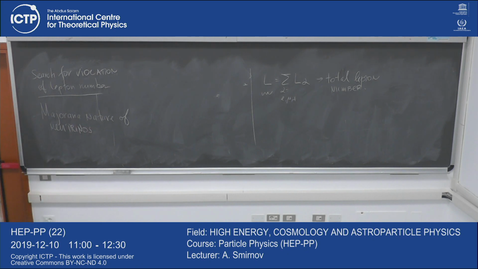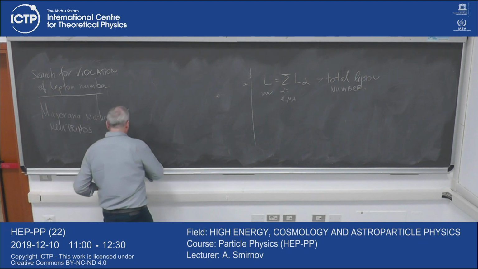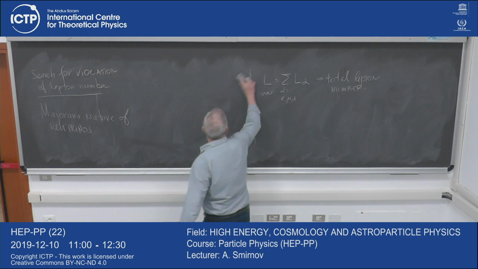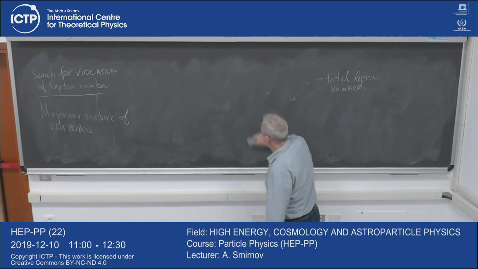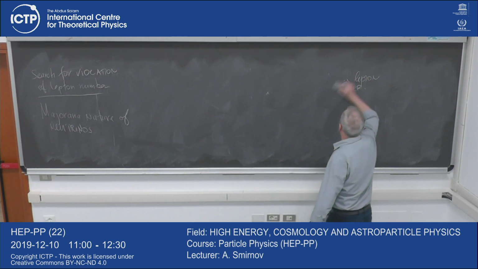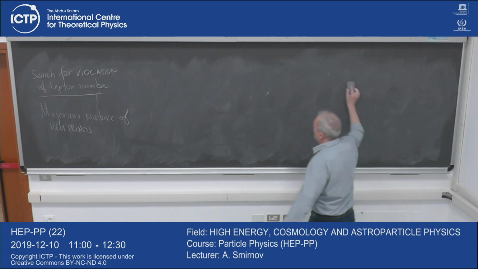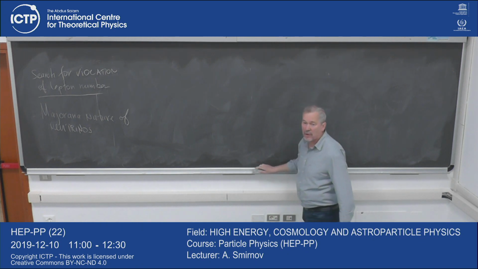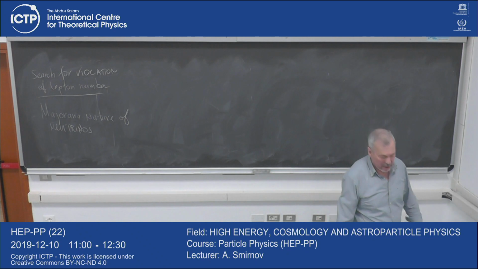So if you prove that neutrinos are so-called Majorana particles, then this means that the total lepton number is violated. Majorana produced the theory, one of the first theories, of fermions with just two components, not four components as there are, but two components.